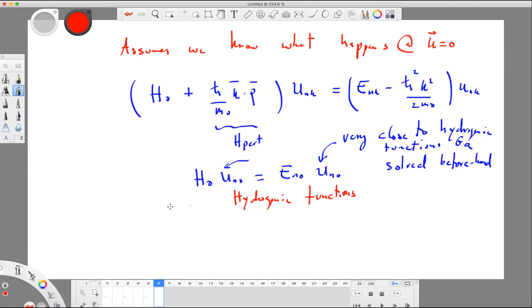So how do we approach this problem? We look in our quantum 2 course, I think is where you see this. So you see the time independent perturbation theory. So you look into your bag of tricks.